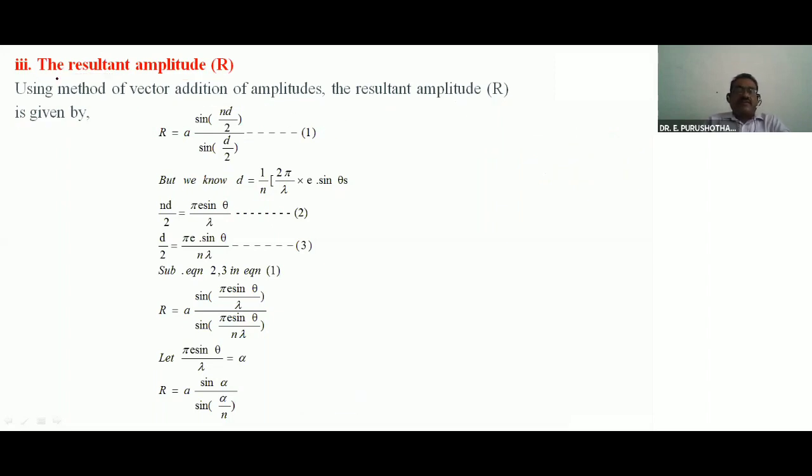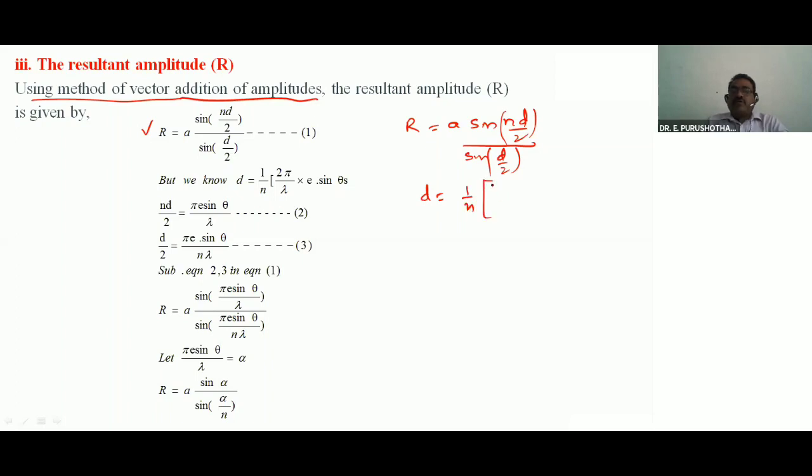I am taking here the method of vector addition of amplitude. The resultant amplitude is given by R is equal to A sine nd by 2 all divided by sine d by 2. What is d? d is 1 by n of 2 pi by lambda into sine theta.